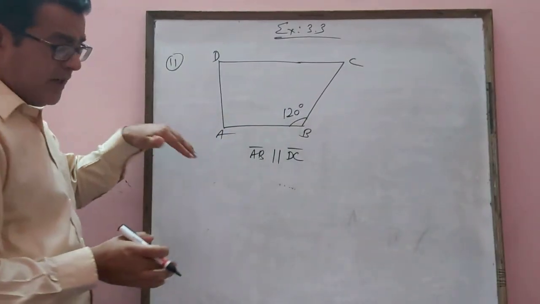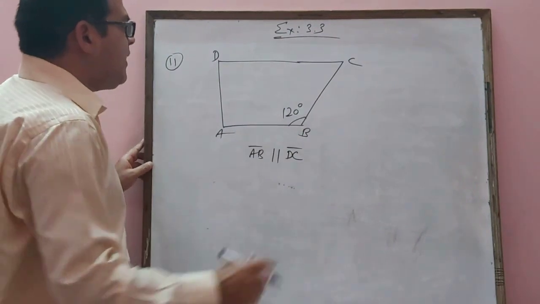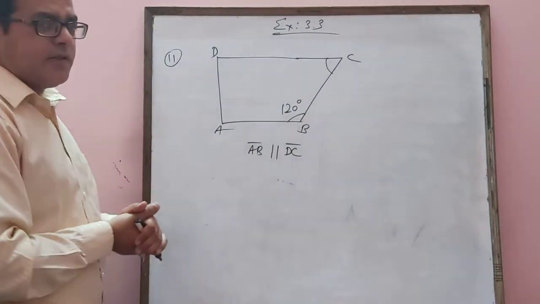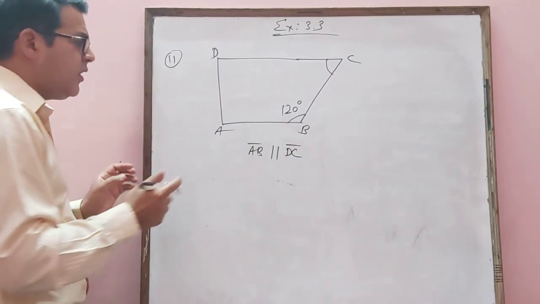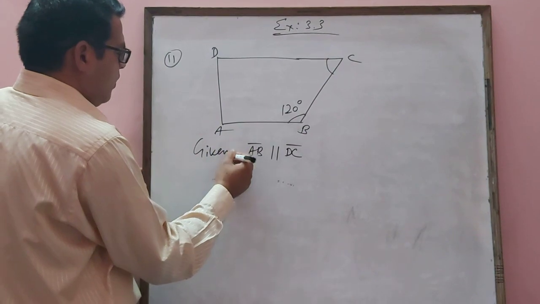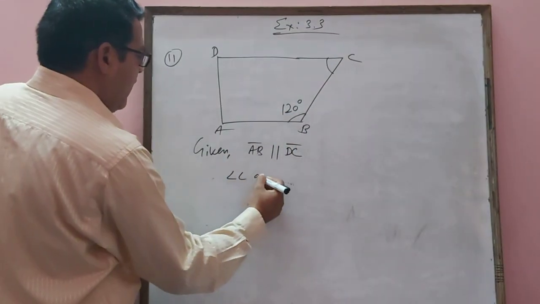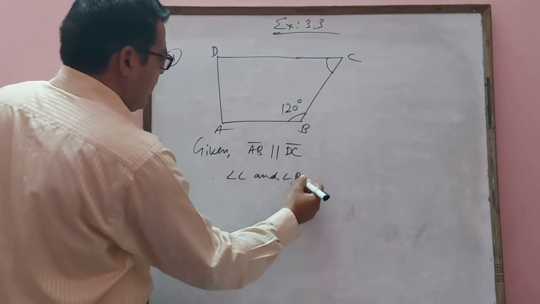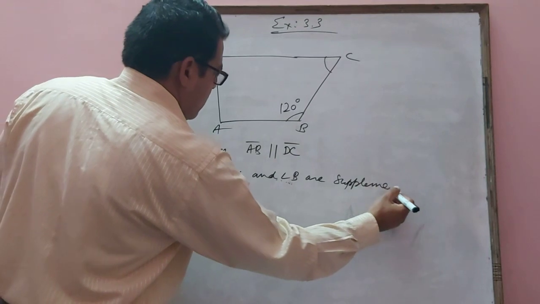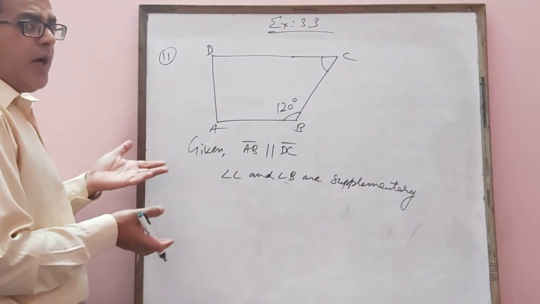It is exactly the same case. If these two lines are parallel, it means we can say that these two angles are supplementary angles. Right? So it is given already there, AB is parallel to DC. It means angle C and angle B are supplementary angles. Why are these supplementary?